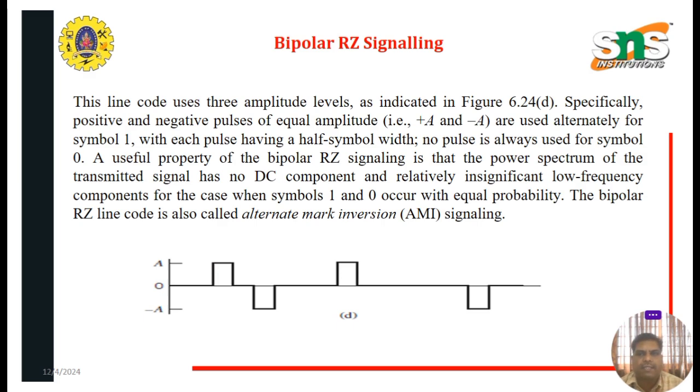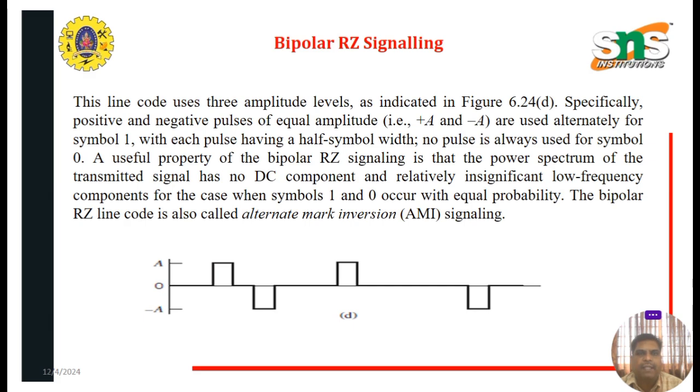This line code uses 3 amplitude levels as shown in this figure. Specifically, positive and negative pulses of equal amplitude, positive A and negative A, are used alternately for symbol 1, with each pulse having half symbol width. No pulse is always used for symbol 0.